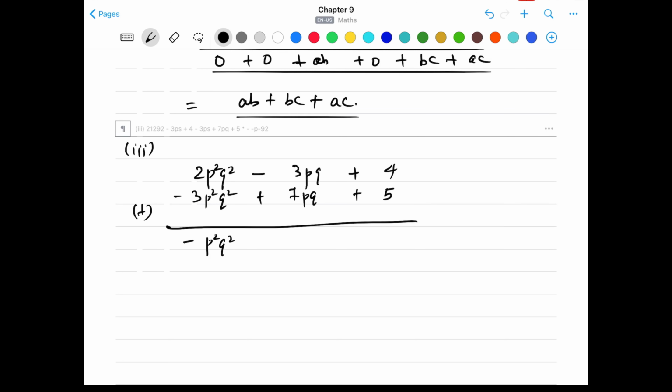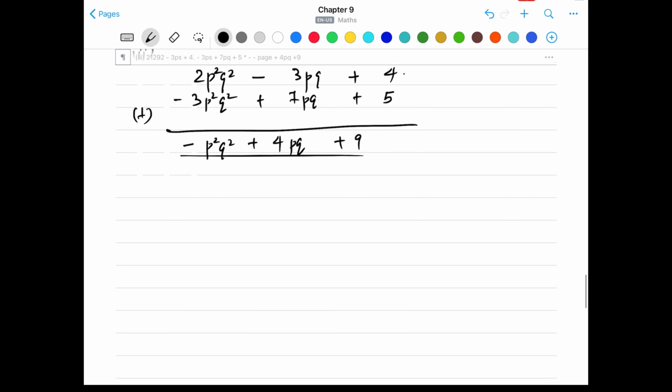This minus 3pq and plus 7pq will give us plus 4pq. 7 minus 3 will give us 4, and this plus 4 and plus 5 will result in plus 9. So that's the answer for part 3 of question number 3. The result is minus p square q square plus 4pq plus 9.